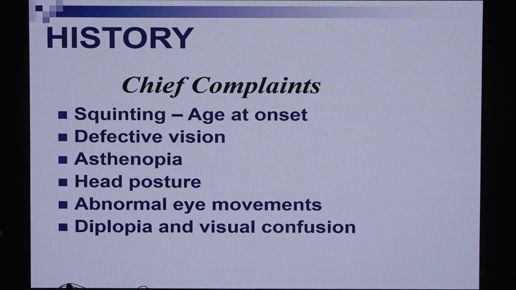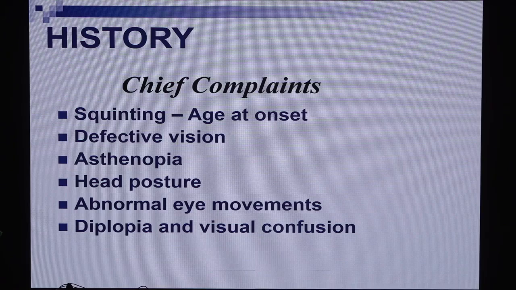Defective vision: if the parents are complaining that the child has lesser vision in one eye compared to the other eye, you know for sure that there can be a component of amblyopia also, and we have to deal with that beforehand. Any asthenopic symptoms, any head posture that we have already examined and the parents are also complaining about. Any abnormal eye movements in the form of nystagmus that we are seeing.